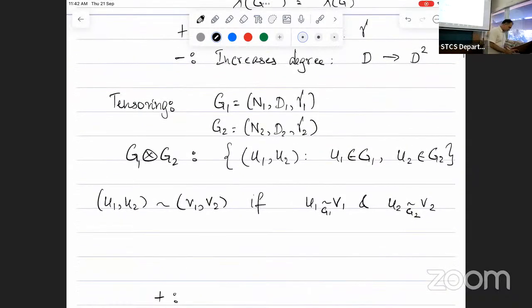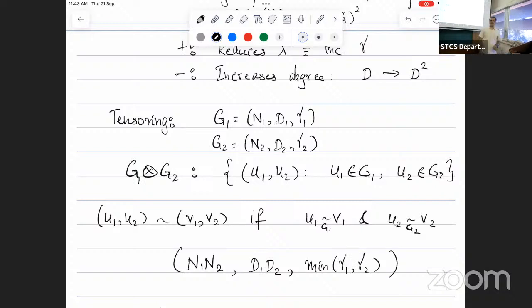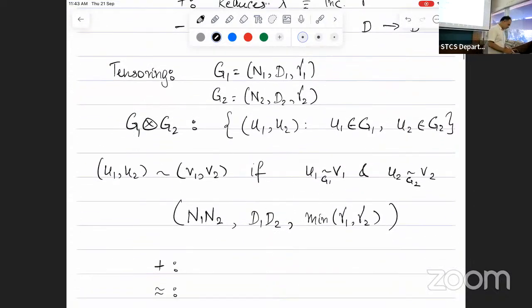So this is a graph on n1 n2 vertices. The degree happens to be d1 d2, and something that we saw last time was that the spectral gap is at least as large as the min of these two. Whichever was the worse expander, this is no worse than that. That's the guarantee that you have here.